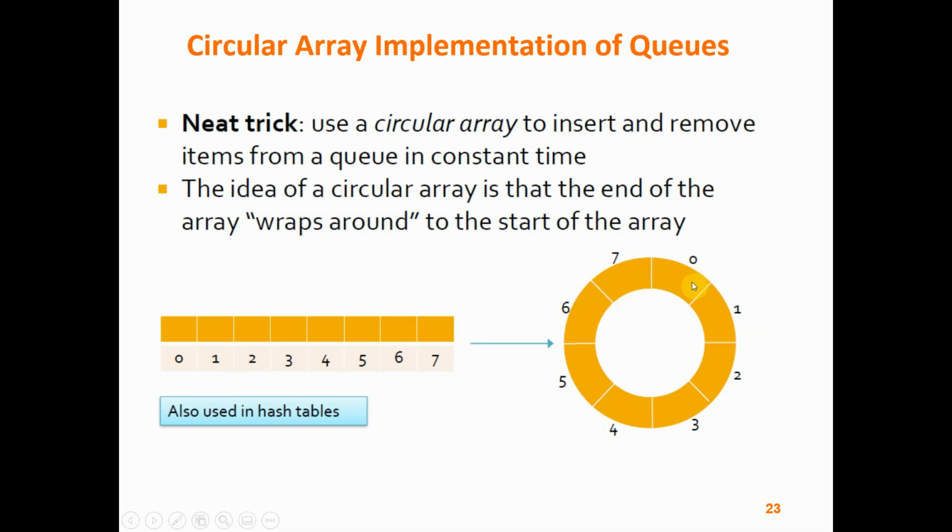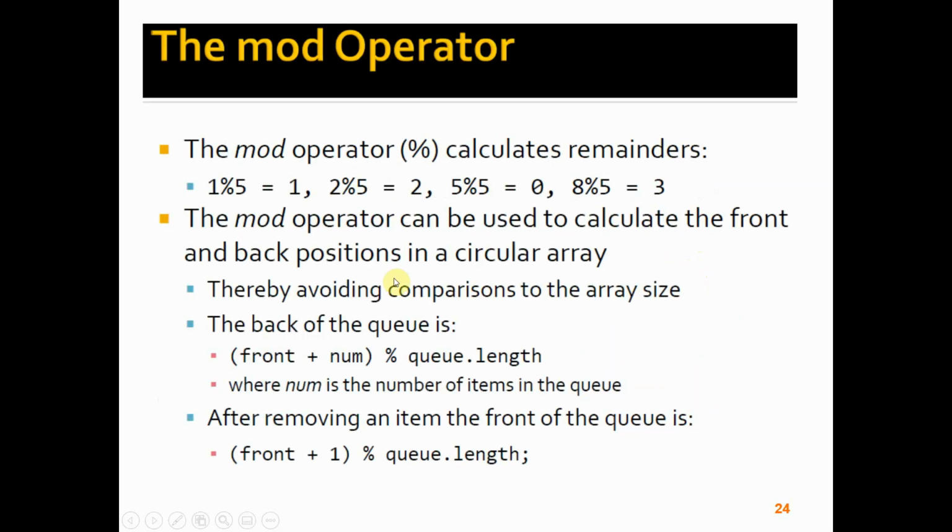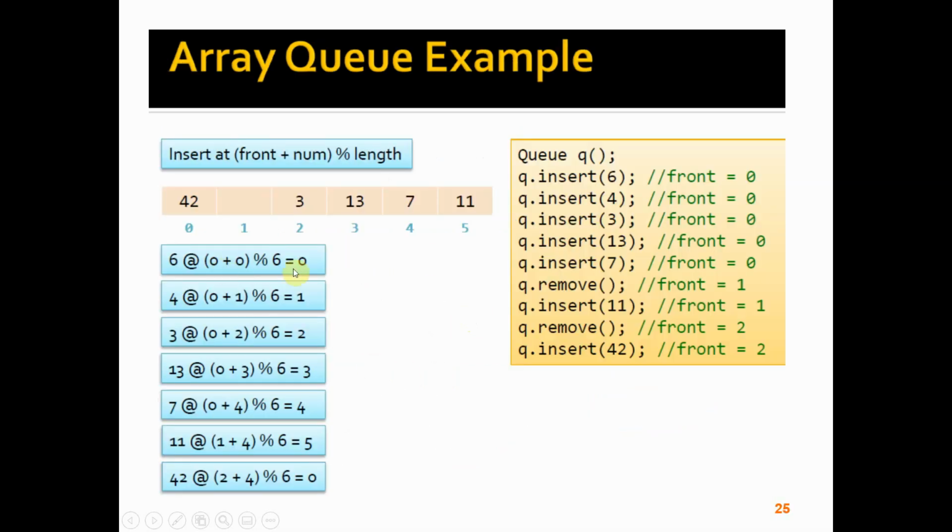If we want to go to the next one, we say 7 plus 1, which is going to be 8, mod the size, which is 8, going to go to 0, right? So this is how we can wrap around and go to the start of the array. It shows all the review concepts about the mod operator. Again, you can see how it can just wrap around.